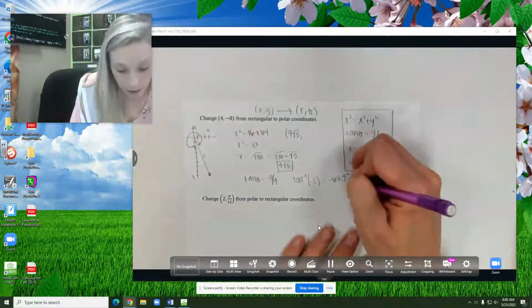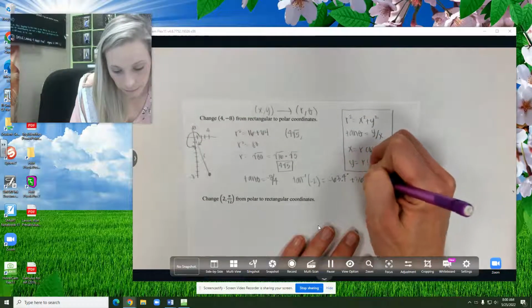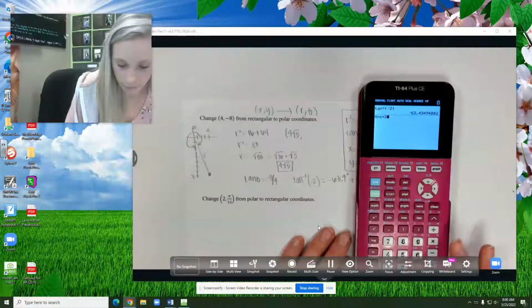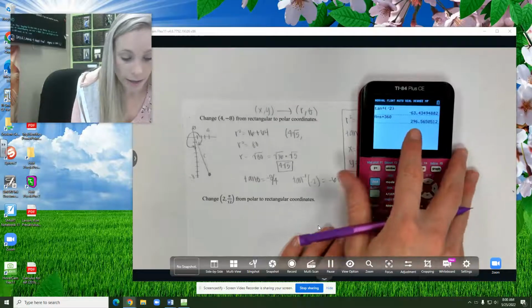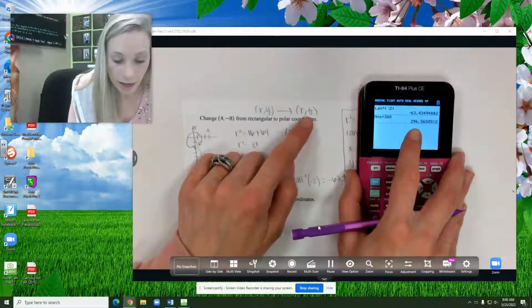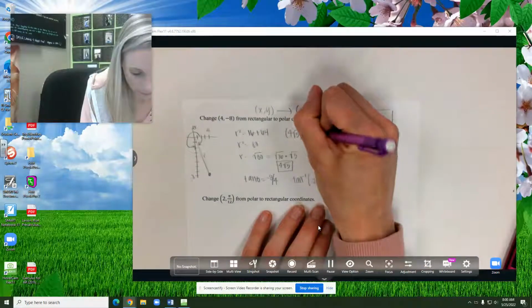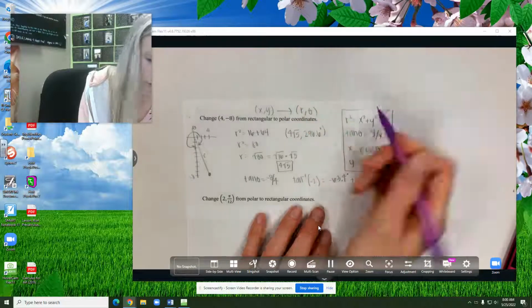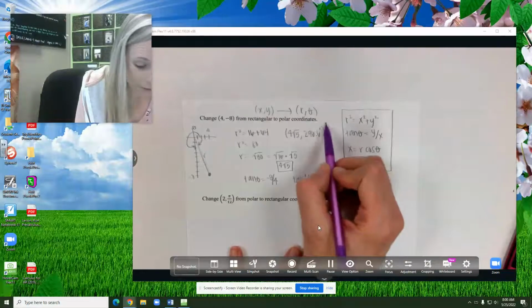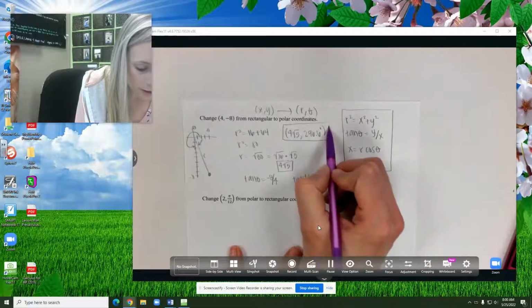So to get that positive angle, I just add 360. And I get that that angle right there, our theta, is 296.6 degrees. Make sure you put the degree symbol, otherwise we assume it's radians, and that would be very different. And there's your answer.